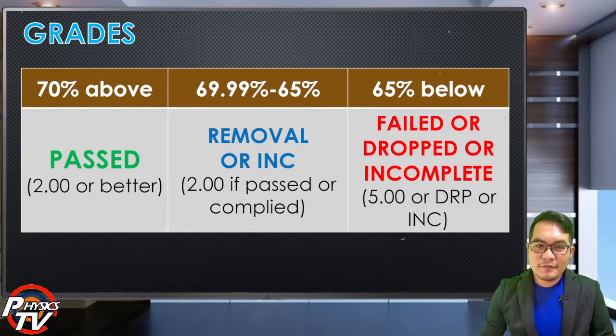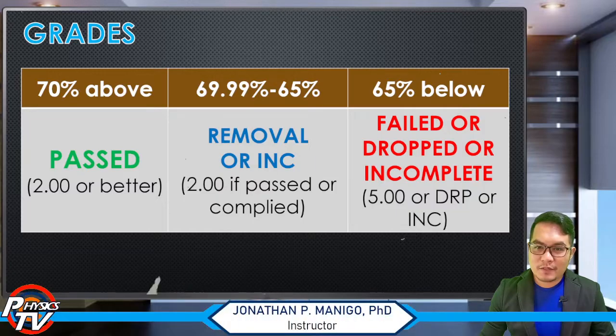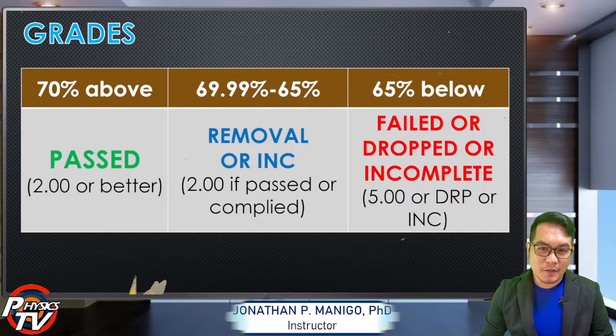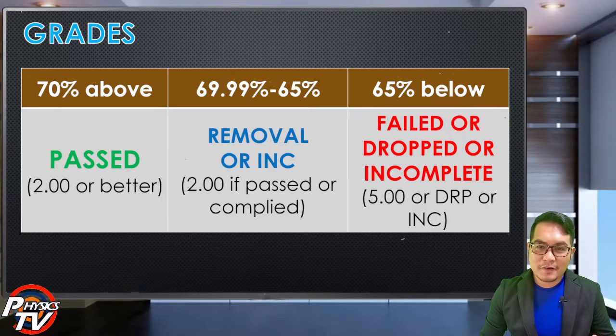So if your final grade is 65% or below, it's either failed or dropped or incomplete.